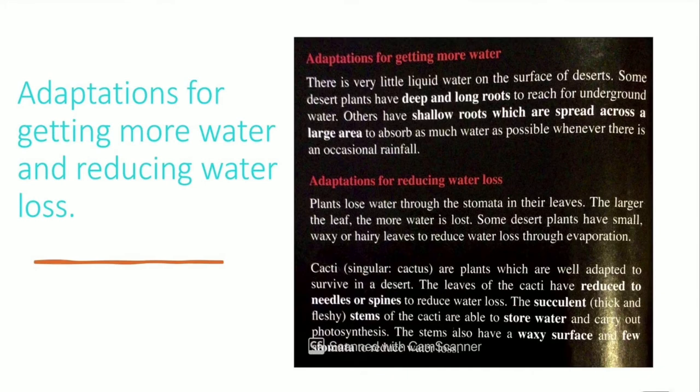Adaptations for getting more water and reducing water loss. Adaptations for getting more water. There is very little liquid water on the surface of deserts. This picture is telling us about adaptations for getting more water and adaptations for reducing water loss. When you go to the desert, it is very hot, and it is very important to carry some water to quench your thirst.